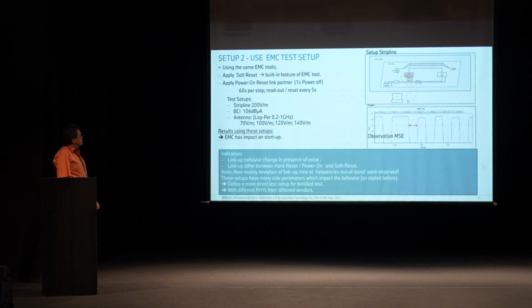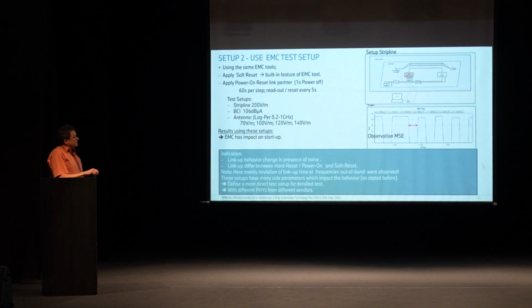I use the stripline up to 200 volts per meter, DPI with 160 milliamps, and the antenna from 200 megahertz to 1 gigahertz up to 100 volts per meter. Same story about the observation: I look at the MSE value. You see normally something like 45 when you apply the field.